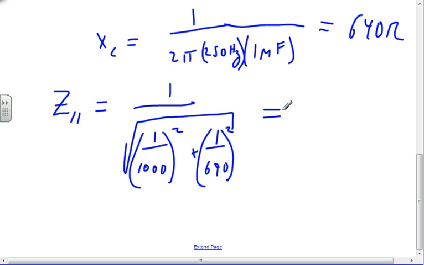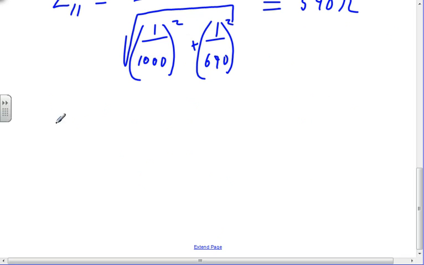Okay, so 1,000, 1 over, squared, plus 640, 1 over, squared, equals square root 1 over, 540. 540 ohms. Current total. No, impedance total.